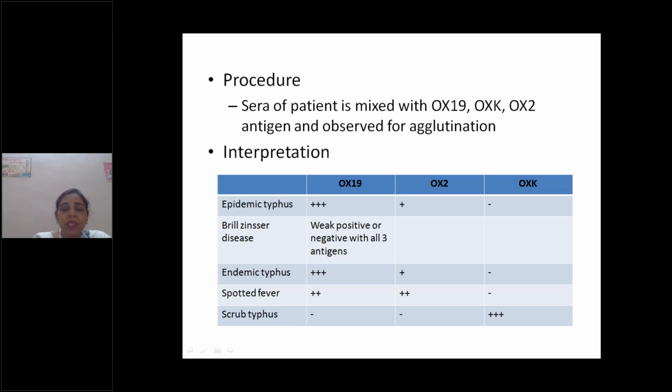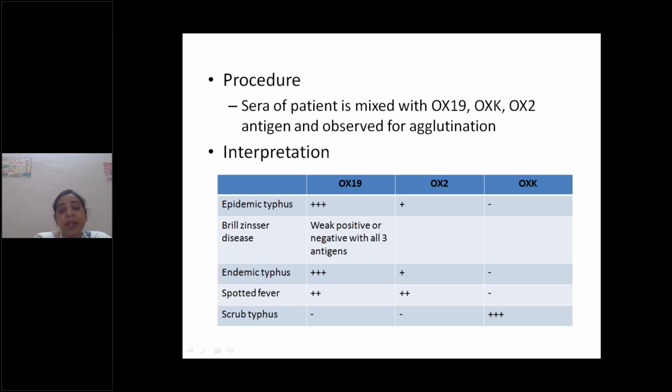What do you do? You take the patient's serum and you take antigens of Proteus OX19, OXK, and OX2 and see if there is agglutination or not. In the case of epidemic typhus, with Proteus antigen OX19, there will be a very strong agglutination. In the case of Brill-Zinsser disease, there will be very weak agglutination.